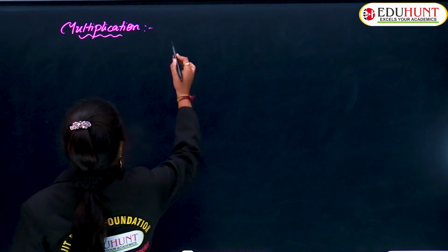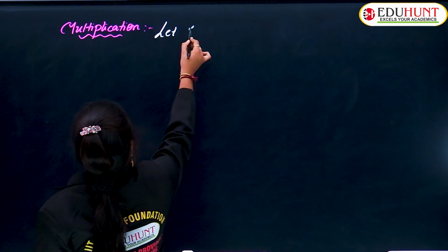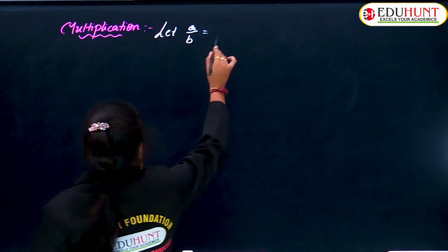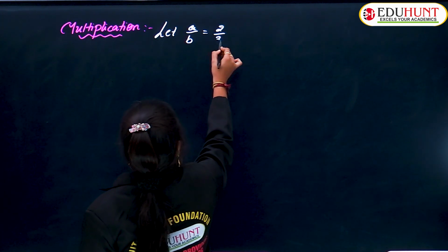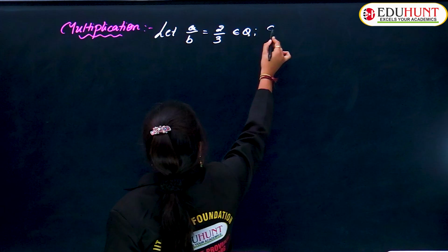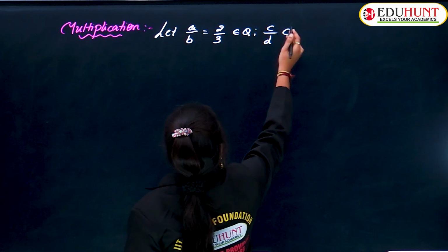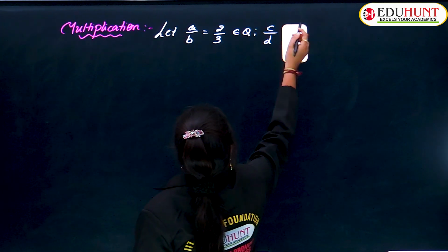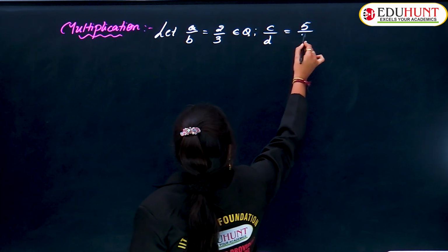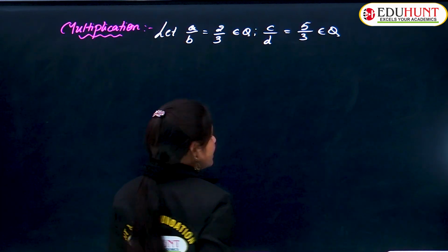Let a/b equal 2/3, that is a rational number. c/d equals 5/3, that is also a rational number.